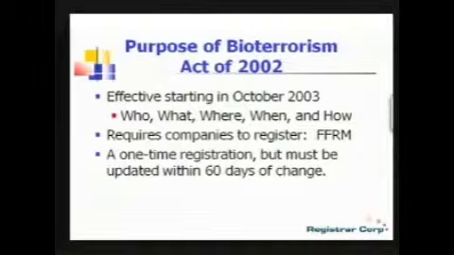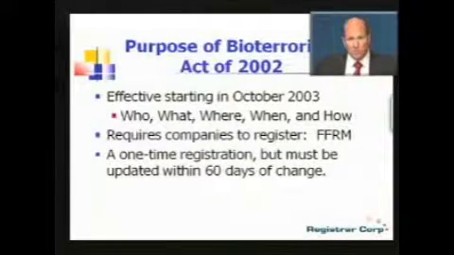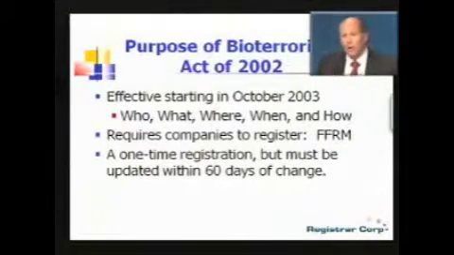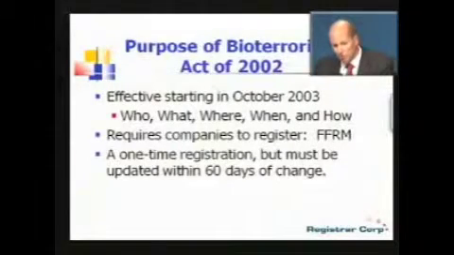So firstly, the U.S. Bioterrorism Act. This came about in 2002. It required that effective October of 2003, companies register their facility with FDA, a facility being a factory or a warehouse, so a site where you're producing the product or storing the product.